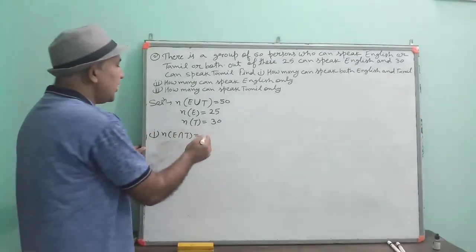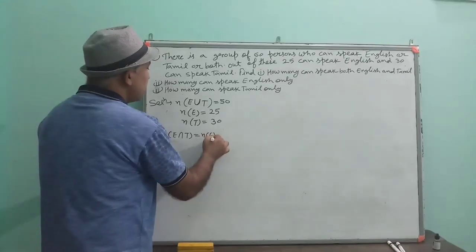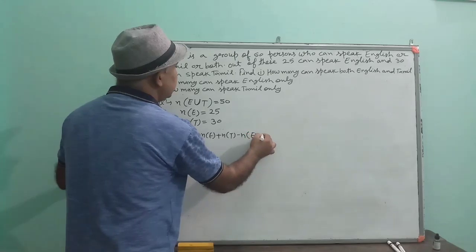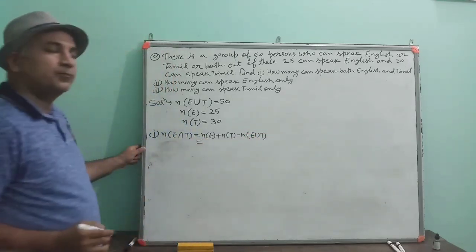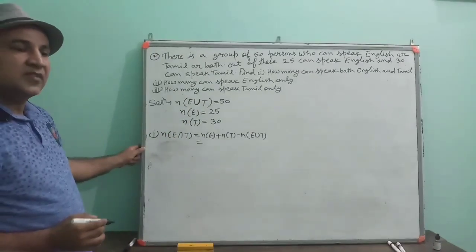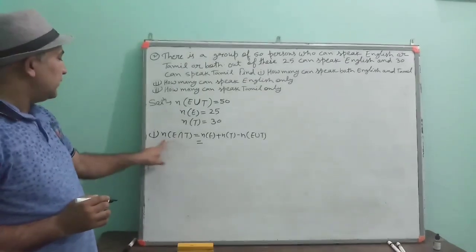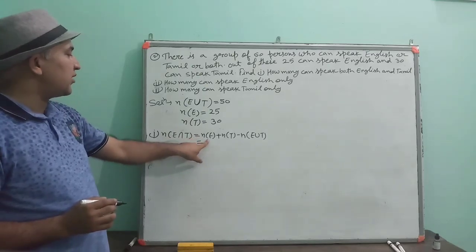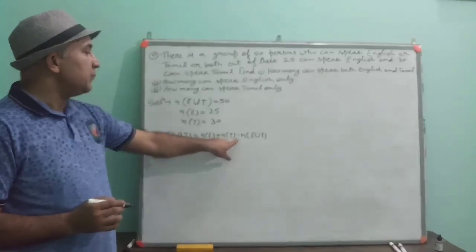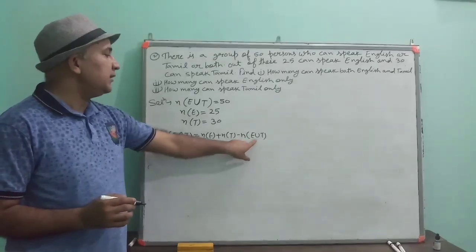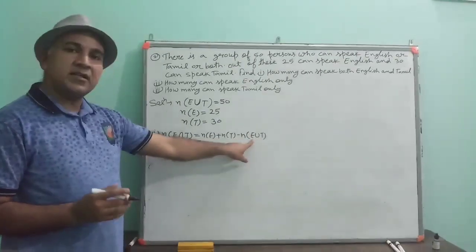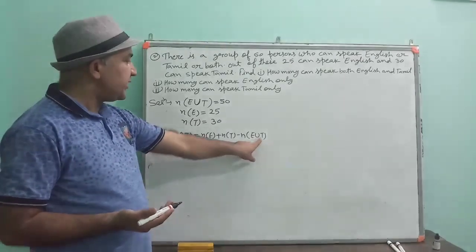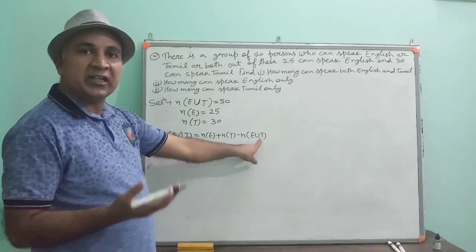So now use the formula and find your answer. n(E intersection T) is equal to n(E) plus n(T) minus n(E union T), where E represents the set of people who are using English and T represents those people who are speaking Tamil.